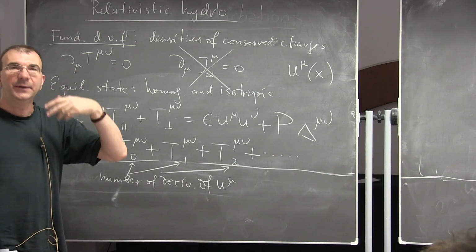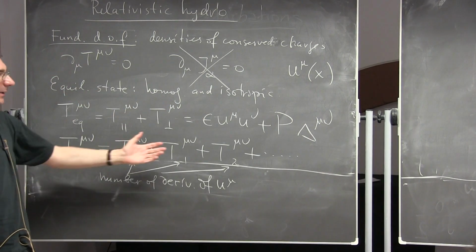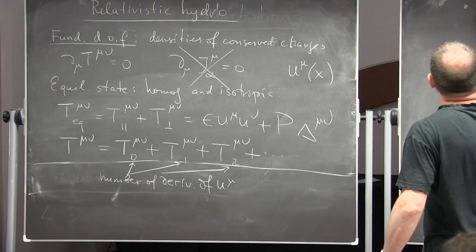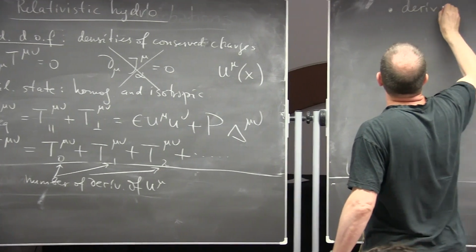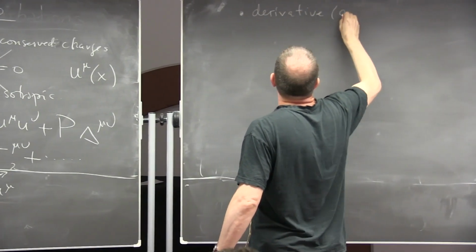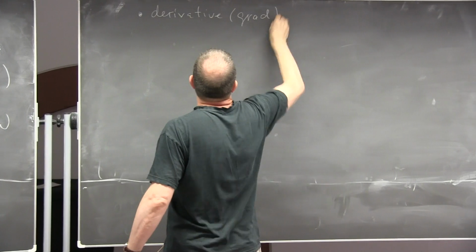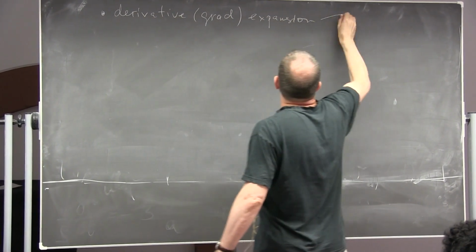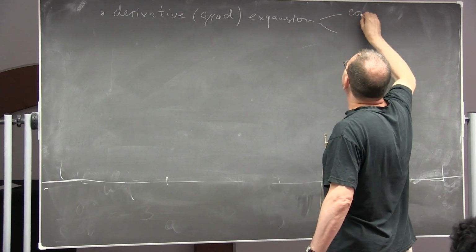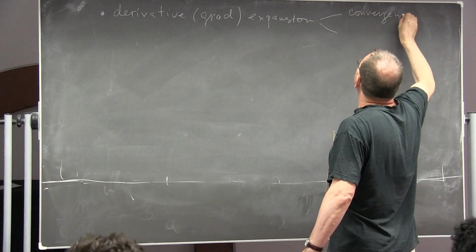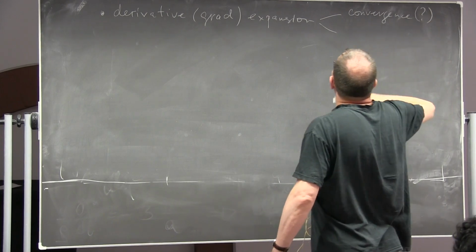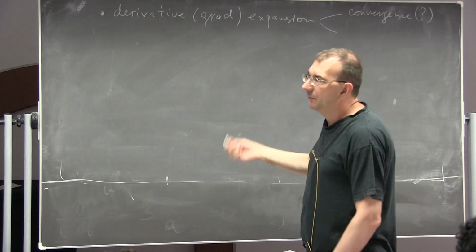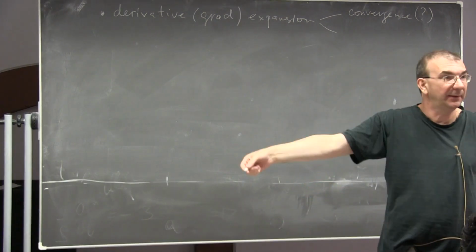And again, this has a number of assumptions, right? With a Taylor expansion, immediately you may worry about the convergence. So this is a derivative expansion, or gradient expansion. So immediately you may ask, what about the convergence? And the second thing you may ask is whether it is a good assumption that your function can be expanded in a Taylor series.